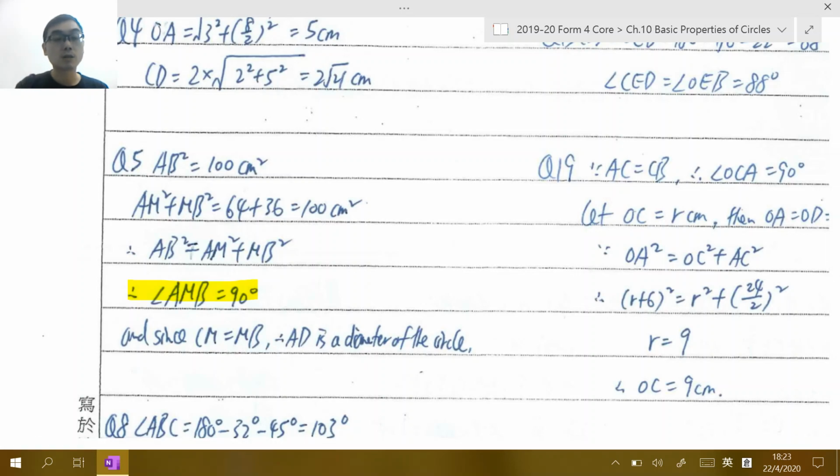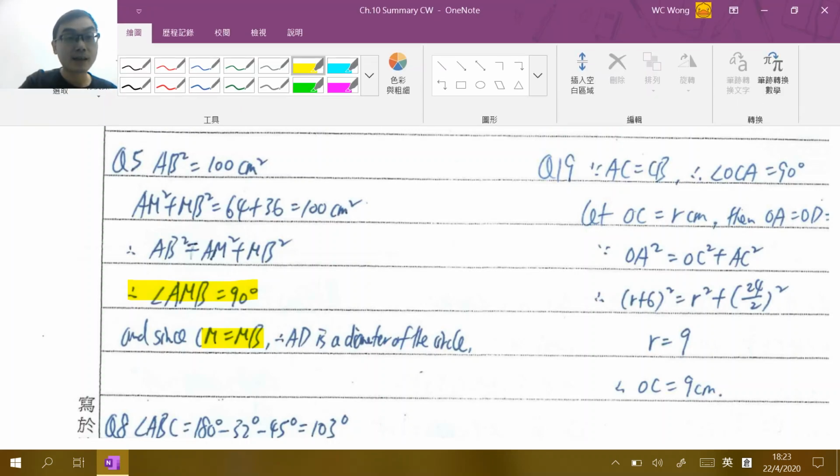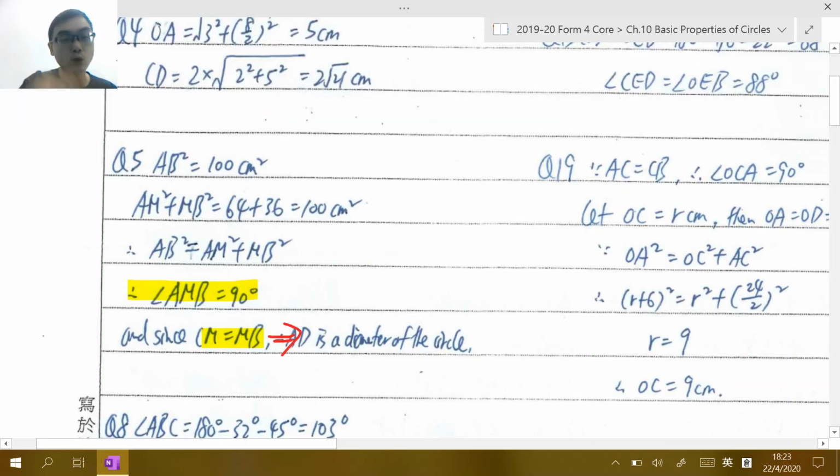And also, since the bisect condition, that means the two lengths are equal, is given from the question, you can just write what you have for these two things, then you get the implication that your answer, which is AD, should be the diameter of the circle. Actually, this one is theorem 3 of your book in Chapter 10. I can't remember the words of the reference, but this should be theorem 3.